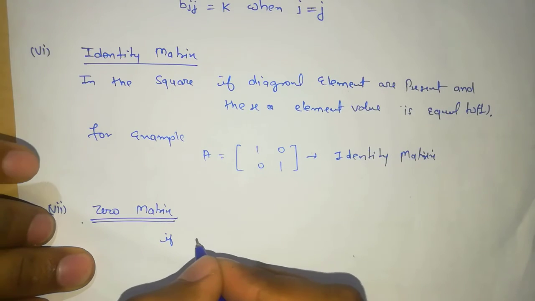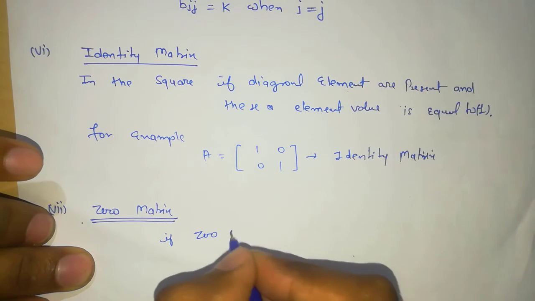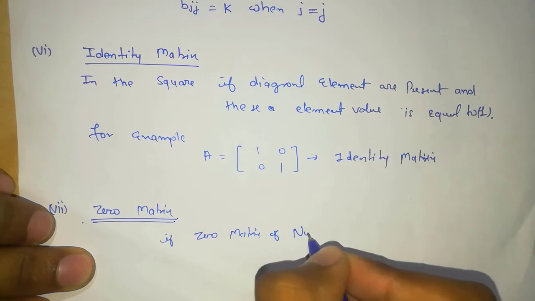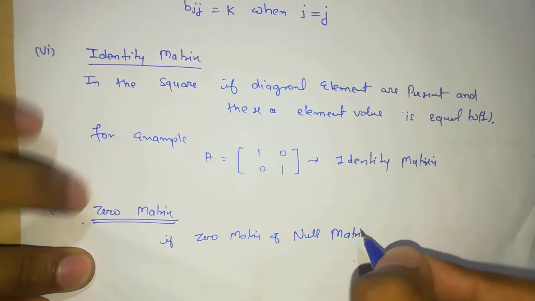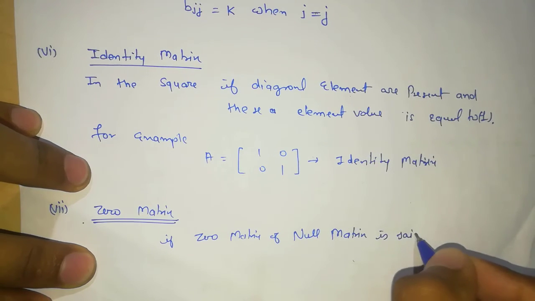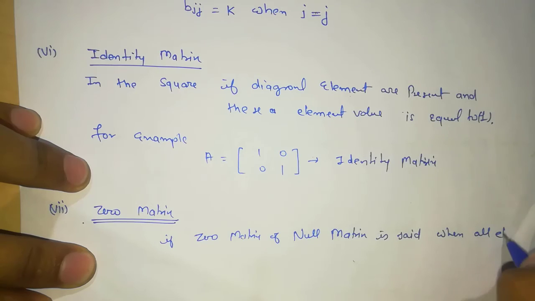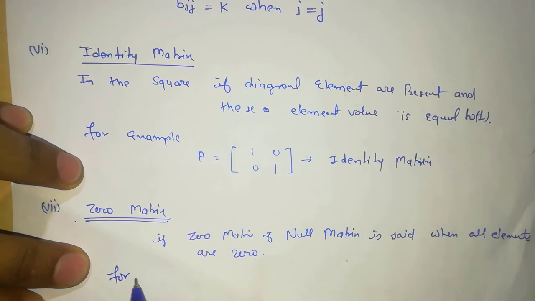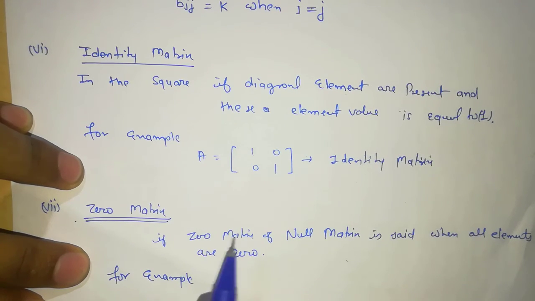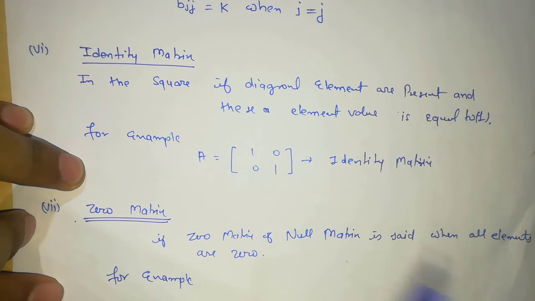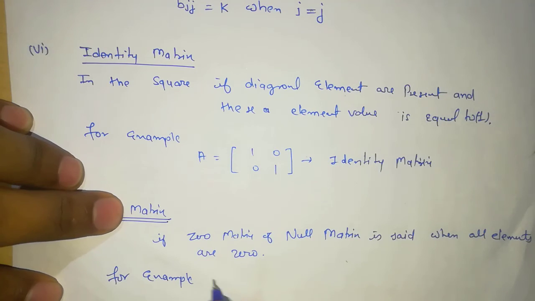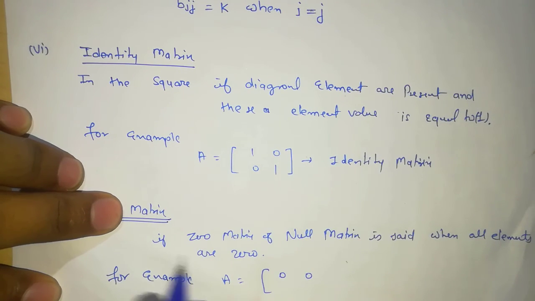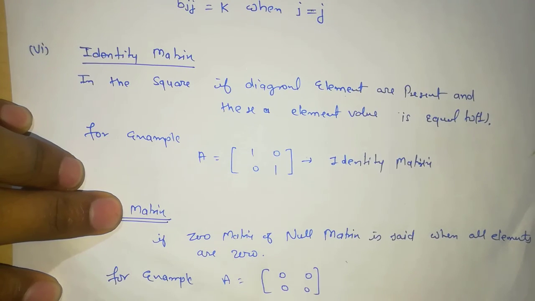It need not be a square matrix; any matrix containing all elements 0 is called a zero matrix, and we represent it by O, the zero matrix of any order.